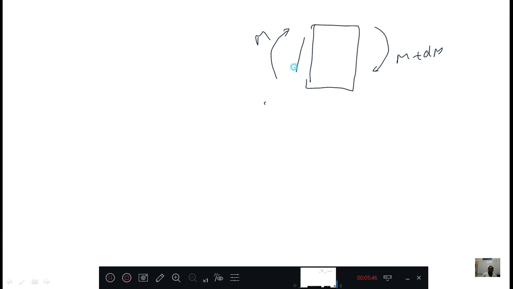Again I will draw the diagram. This is M and this is M plus dM, and this is F and this is F plus dF, and this is q and this is q dx. I will consider moment at this point equal to 0.